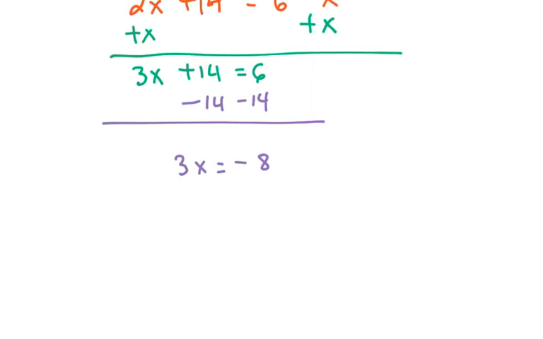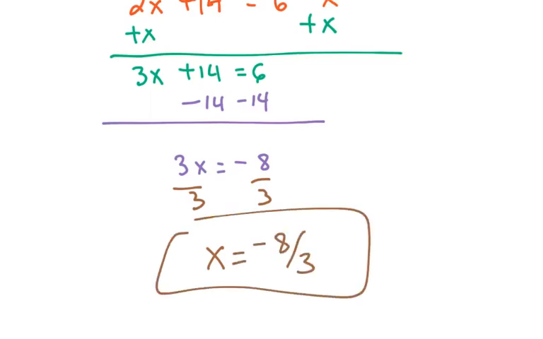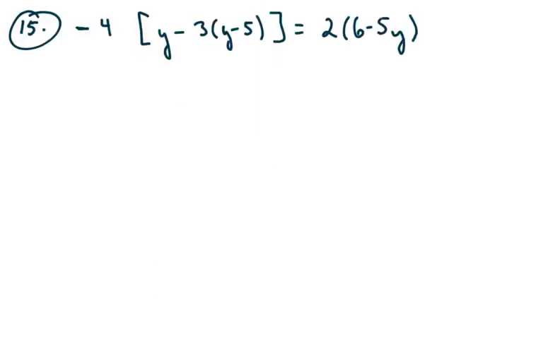And to finish it off, divide through by 3. x is equal to negative 8 over 3. Want to stress that it's okay if the answer comes out to be a fraction. So, more of the same. Hopefully the past two problems have not been that tough. We're starting to see a little redundancy.